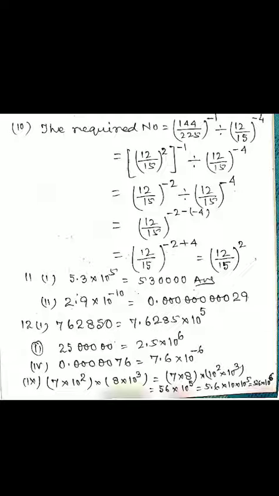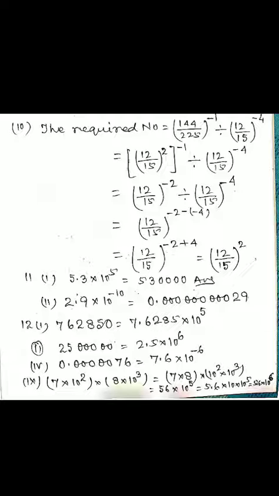Question 11. Write the following numbers in usual form. Here the question is in exponential form. In scientific notation, write in the usual form. 5.3 multiply 10 raised to the power 5. Now here, 10 raised to the power 5, that is, the power of 10 is a positive integer.